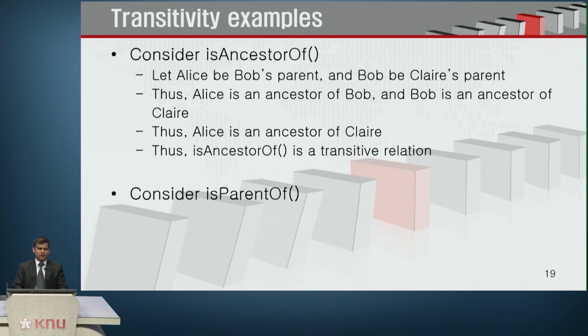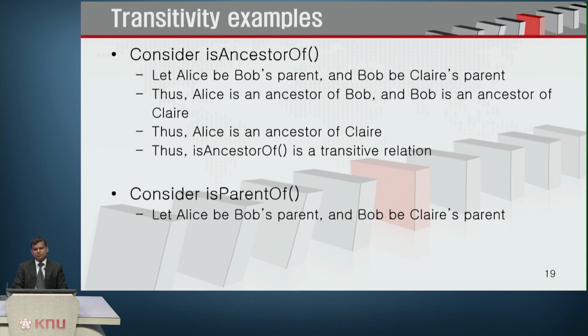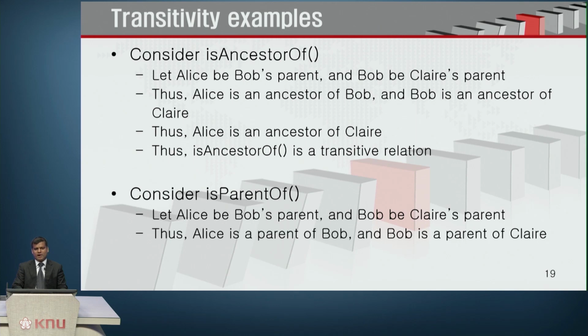You can consider another one, the is-parent-of function. Let Alice be Bob's parent and Bob be Claire's parent. Alice is the parent of Bob and Bob is the parent of Claire. So Alice is not a parent of Claire.